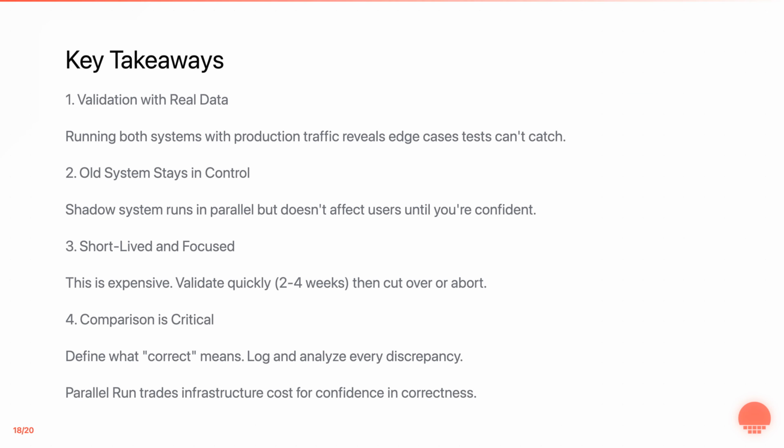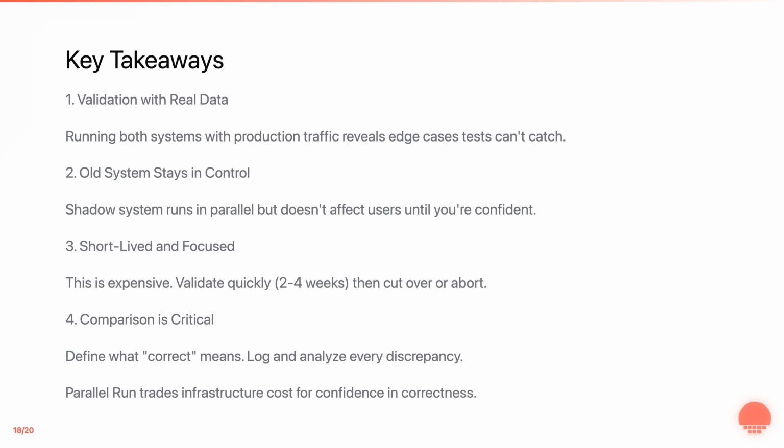Let's bring this home with 4 key points. First, real production data exposes the weird stuff, null values in places you didn't expect, time zone chaos, that one customer with Latin characters in their address. Second, your old system stays the boss until you're ready. The shadow just watches and learns. Third, keep this short, 2 to 4 weeks max.